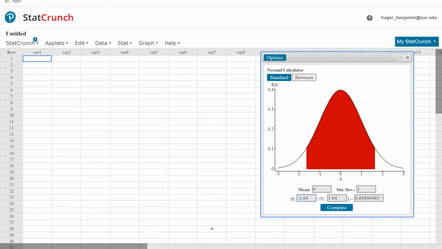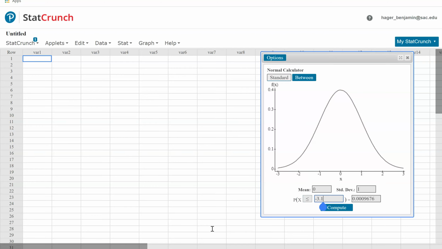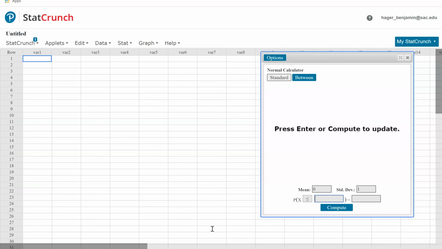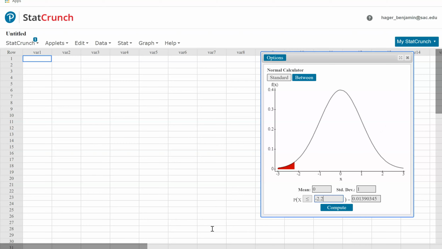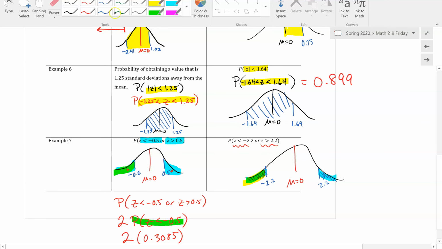I'll just do that. I'll go back to standard. I'll find the area less than negative 2.2. So that's 0.0139. Hold on, switch pens for me here.